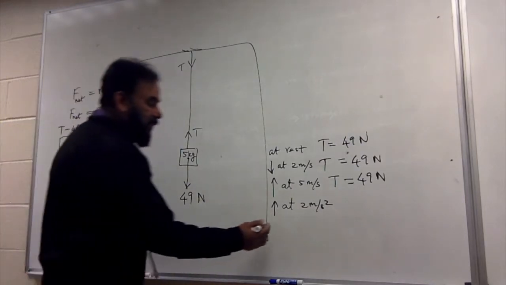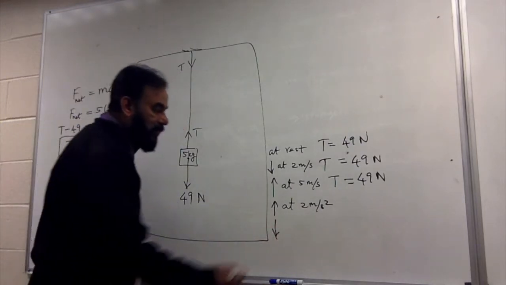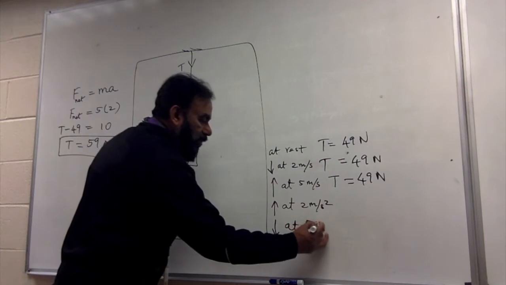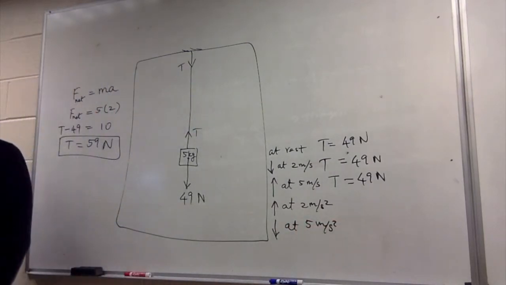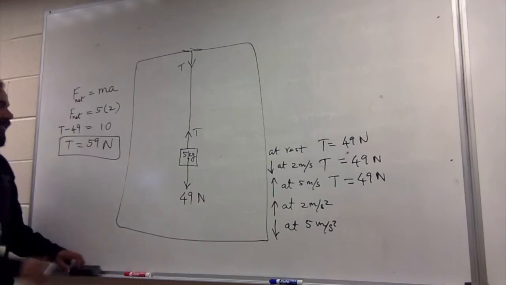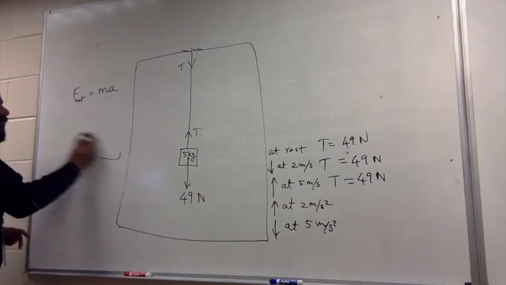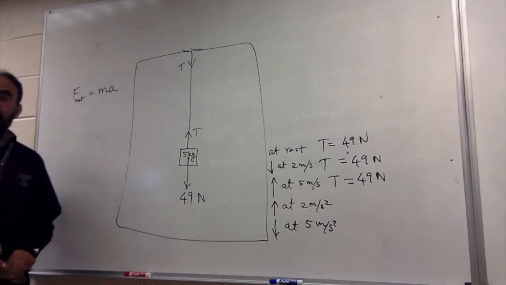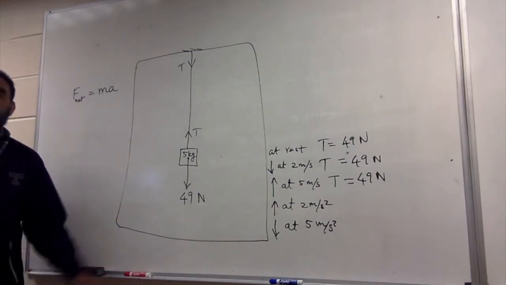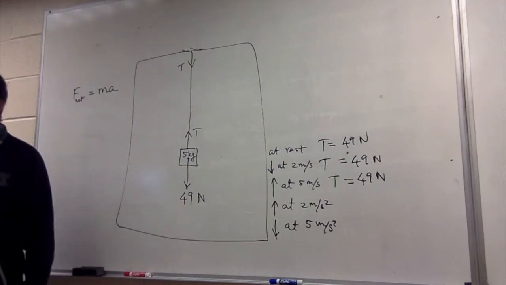Now, let's say this. If it is moving down at 5 meters per second squared, so what's the unit? That's very important. If it is moving down at 5 meters per second squared, now things are different. It's accelerating at 5 meters per second squared downward. So which one do you think is bigger, tension or weight? Weight is bigger now.